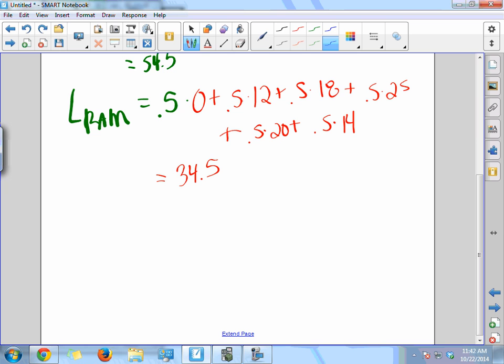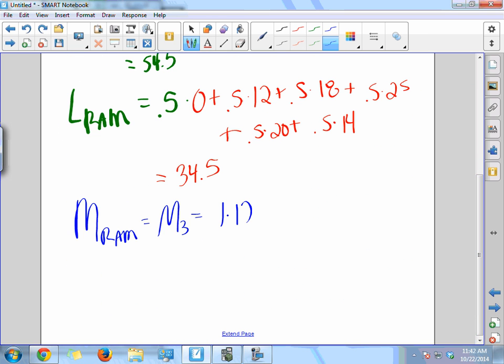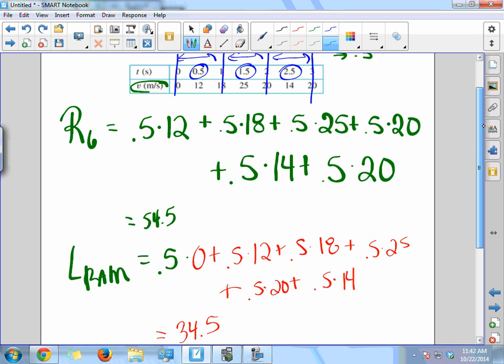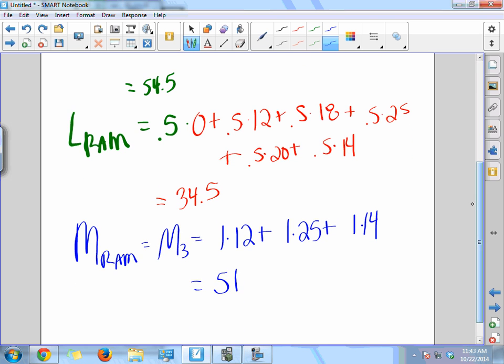So this is going to be my MRAM, which is M sub 3, is going to be 1 times 12, because that's the function evaluated at 0.5, and then 1 times 25, and then 1 times 14. Oh, not 0.14, but 1 times 14. And so that would give me 12 plus 25, which is 37, and 14, so what is that, like 51? Which gives us a little bit better approximation.